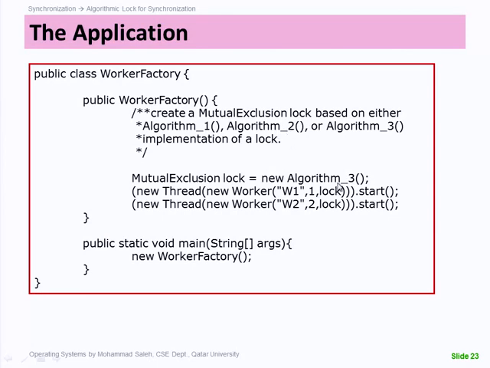Here I'm creating algorithm 3, which means I'm using an implementation of algorithm 3 for the lock. I'm sending that to the first worker and to the second worker and starting them. Clear? So that's the general framework of the application that will be using these three algorithms. Do you have any questions? Okay, next time we're going to demonstrate algorithms 1, 2, and 3 and proceed from there.